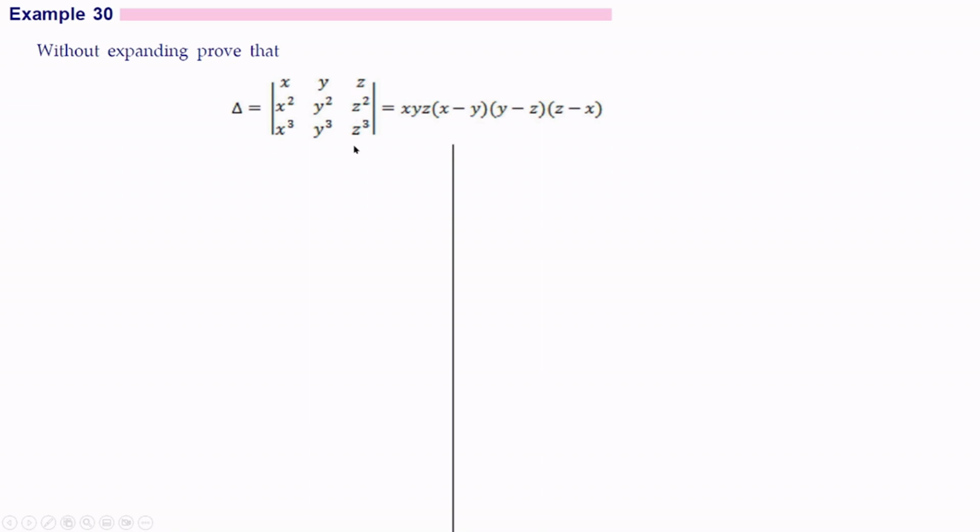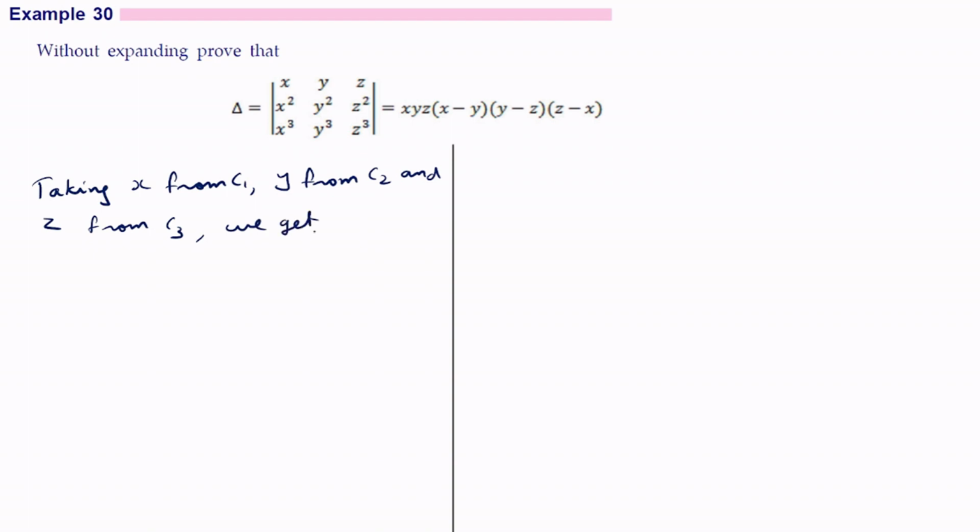So let us take those outside. Taking x from C1, y from C2 and z common from C3.